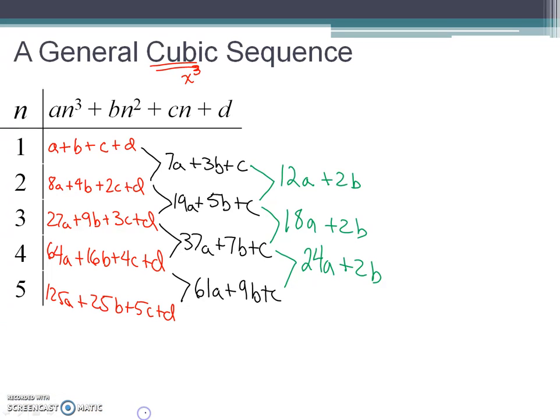And then finally, the b's go away, and we get 6a, and we get 6a. So this is our general form. We've got this big array of equations. You can take any of these equations and line them up with a piece of the actual sequence once you make this array. So let's go ahead and do that for our example, and we'll refer back and forth between the two slides.